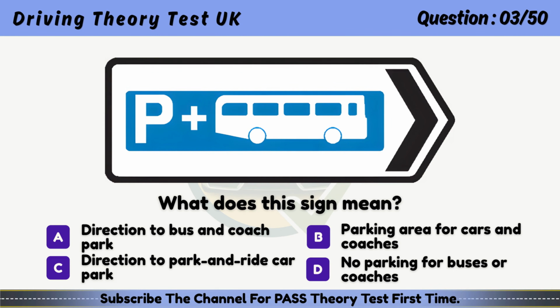Question 3. What does this sign mean? Option A. Direction to bus and coach park. B. Parking area for cars and coaches. C. Direction to park and ride car park. D. No parking for buses or coaches.